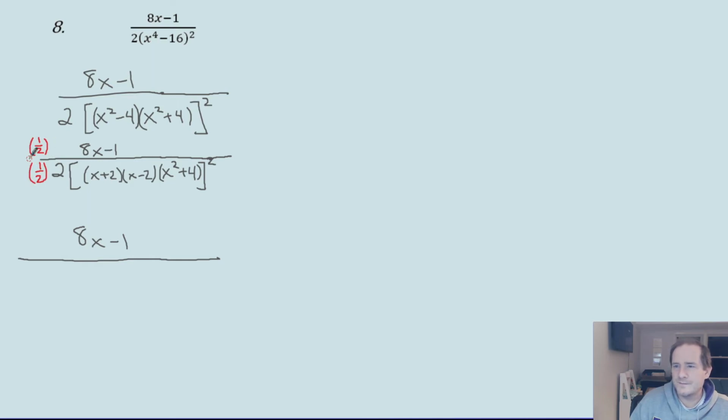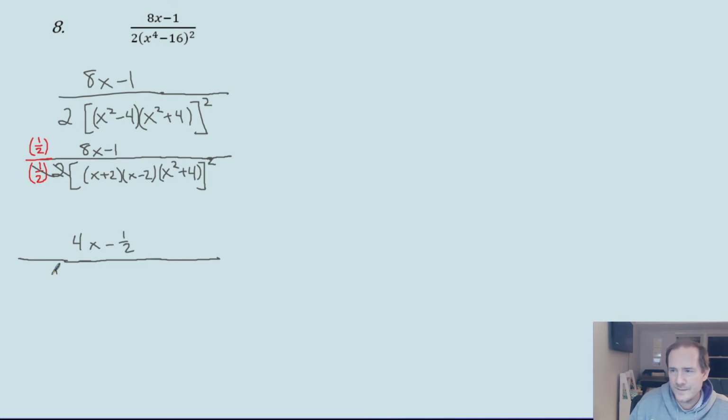So multiplying by 1/2 over 1/2 would change my numerator into 4x minus a half. Maybe that's how I'd approach this. I'm honestly not sure what the best thing to do is. But I could kill off this 2 and just end up with 4x minus 1/2 as my numerator.